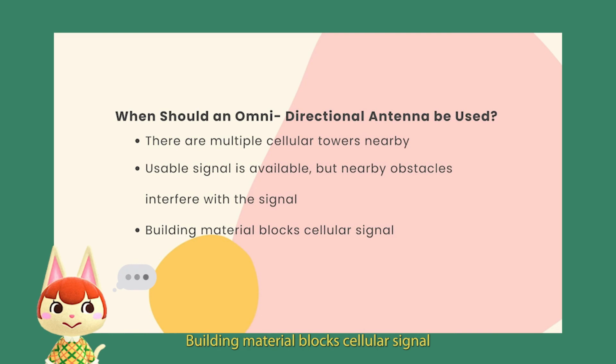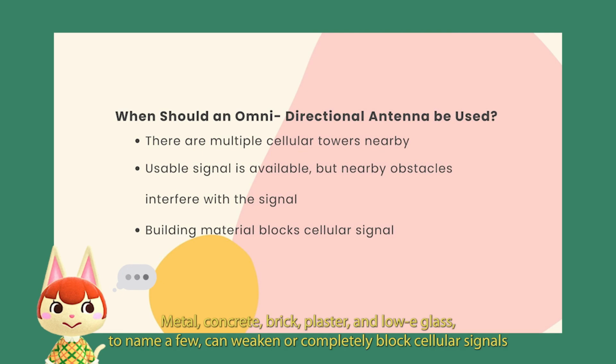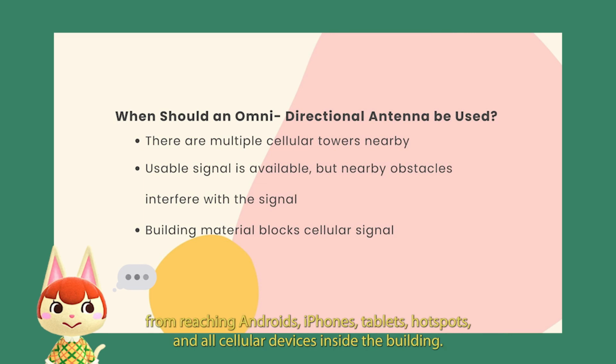Third, building material blocks cellular signal. If your cellular signal strength is decent outside but extremely poor inside your home or office, building material is to blame. Metal, concrete, brick, plaster, and low-E glass, to name a few, can weaken or completely block cellular signal from reaching Androids, iPhones, tablets, hotspots, and all cellular devices inside the building.